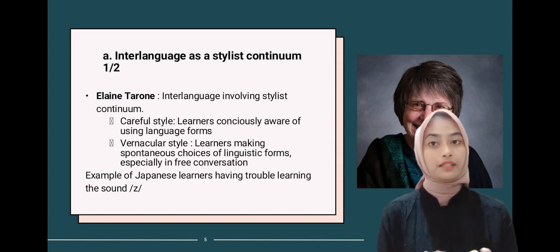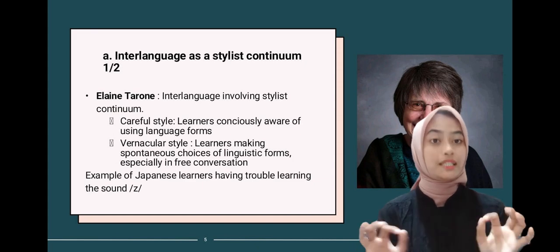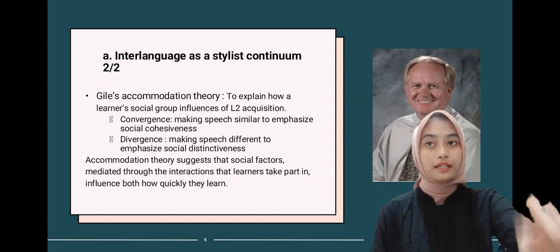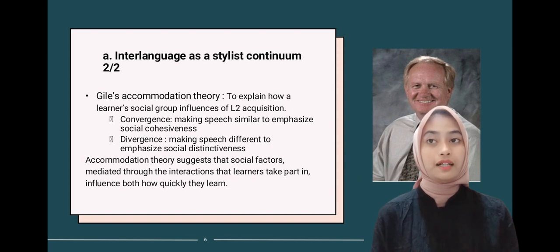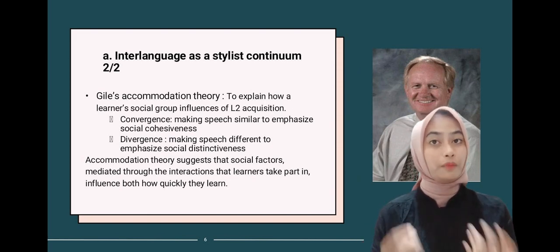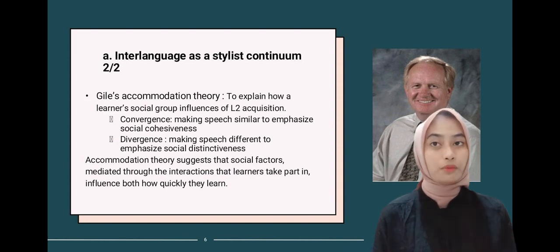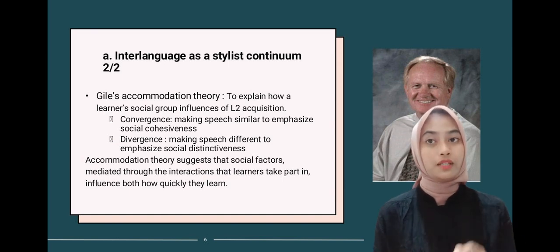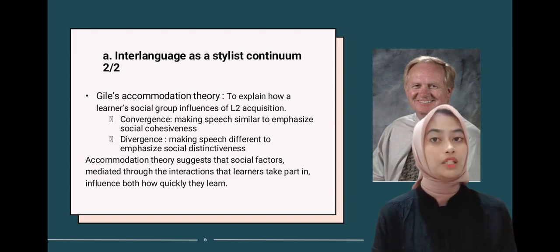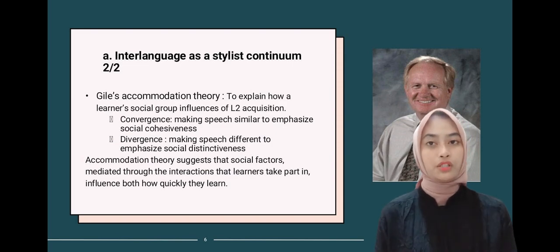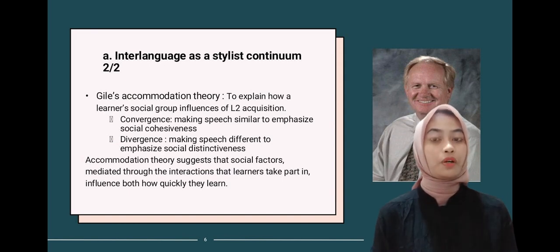An example is Japanese learners having trouble learning the sound Z. According to Giles's accommodation theory, which explains how a learner's social group influences second language acquisition, convergence is making speech similar to emphasize social cohesiveness, and second is divergence, making speech different to emphasize social distinctiveness. Accommodation theory suggests that social factors mediate through the interaction that learners take part in, influencing how quickly they learn.